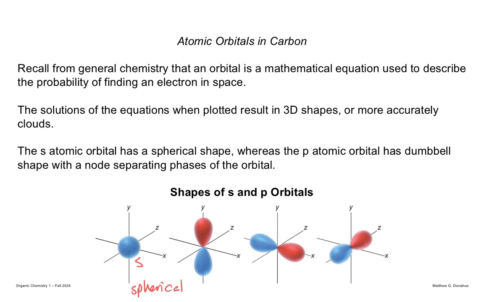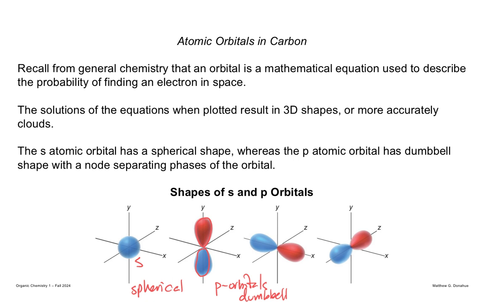The p orbitals are typically called dumbbell-shaped. So they have these two regions, or lobes, as we would call them. They're colored differently.